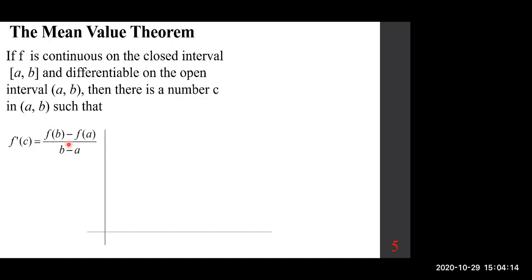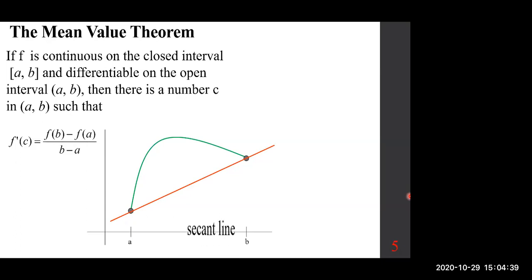So the idea is that if you have 2 points, a and b, okay, class, connected, that creates what we call a secant line.